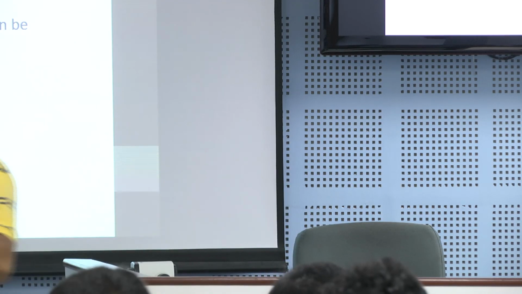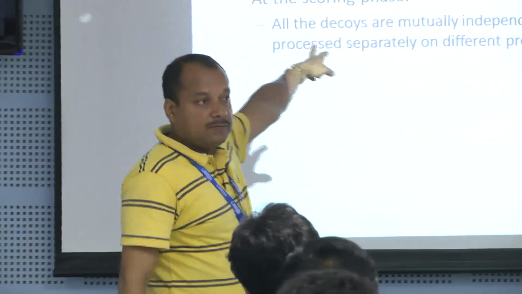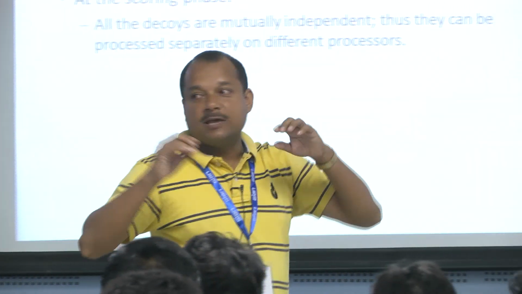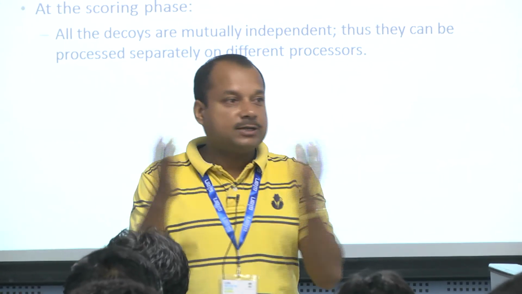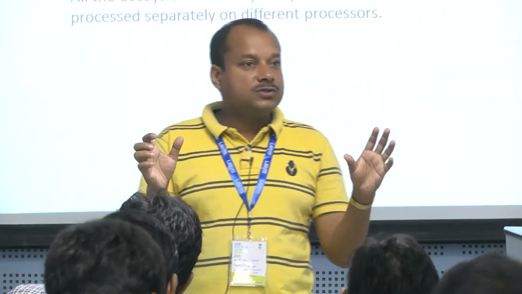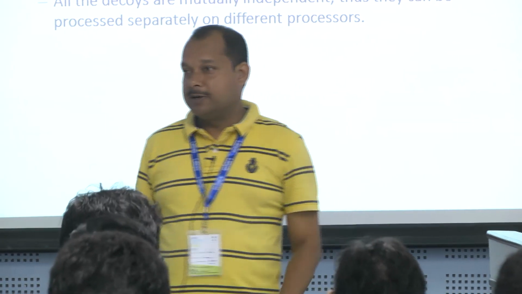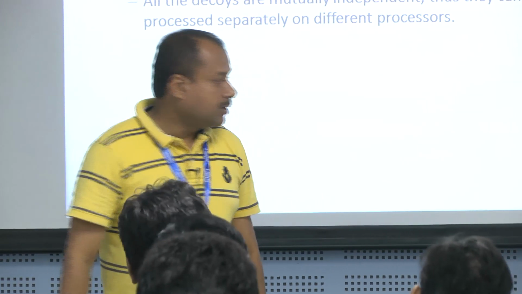You can ask another to generate all the rotation cases, or you can say that you do only x axis translation, you do only y axis translation. That way you can divide the workload among all the available processors, and that way it can be very fast because it is embarrassingly parallel. There is as such no dependency between two different decoys. The only thing is that you have to generate the decoy, evaluate the decoy separately, and then combine the results. Okay, so parallel implementation is possible.